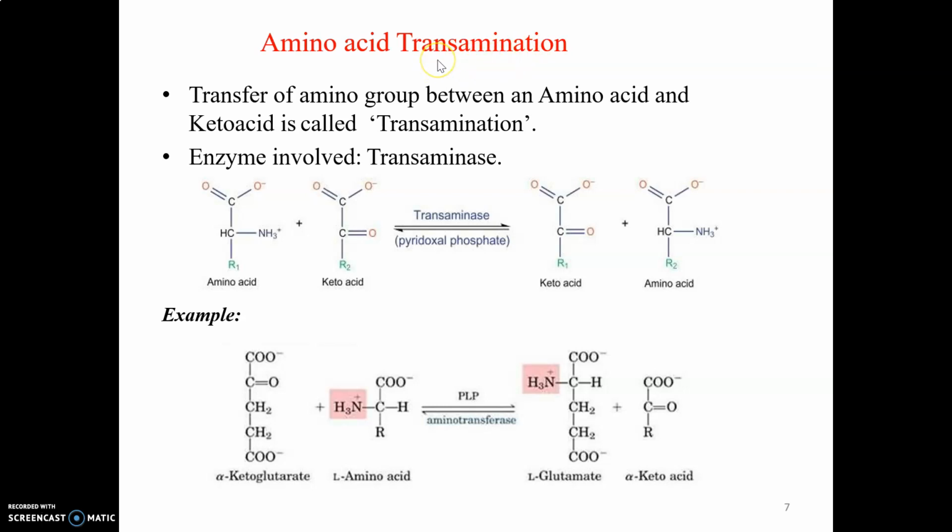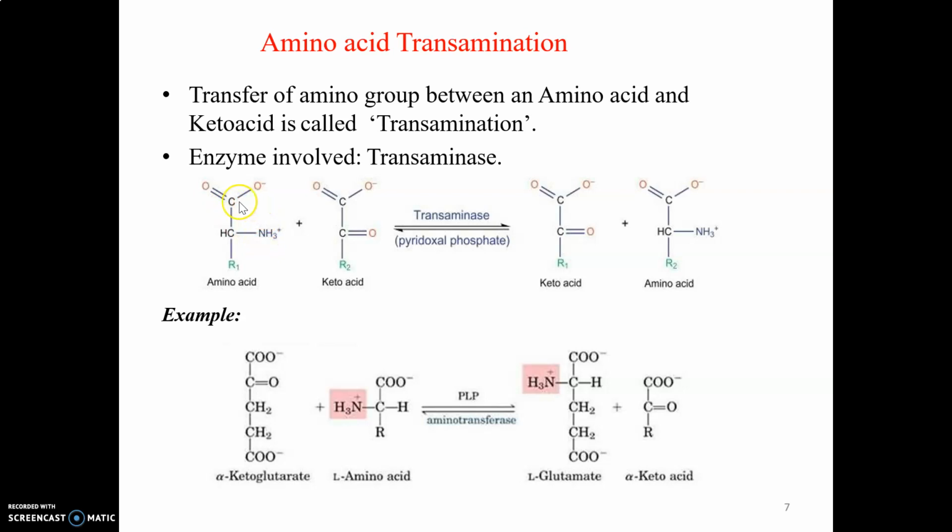As the name itself tells you, transamination means there is a transfer of an amino group. Transamination is the transfer of an amino group between an amino acid and a keto acid. I repeat here, transfer of an amino group from an amino acid. This is an amino acid. I just explained to you how to remember the structure of an amino acid. What I have taken here is a zwitterion form of an amino acid.